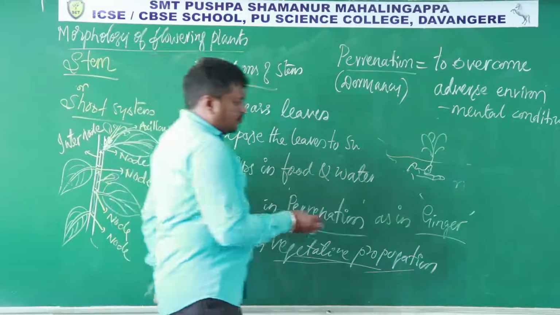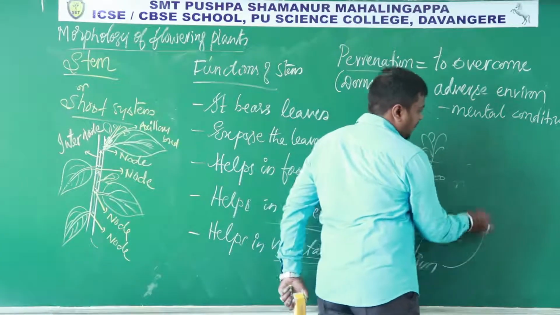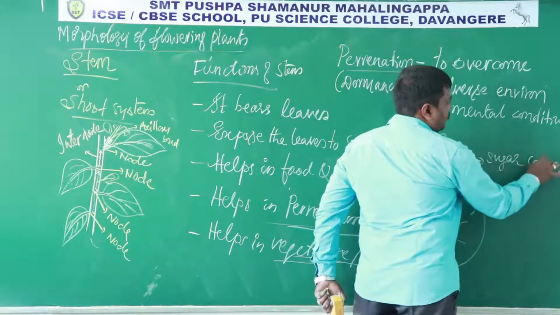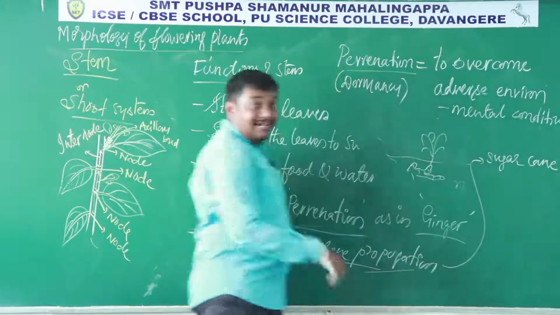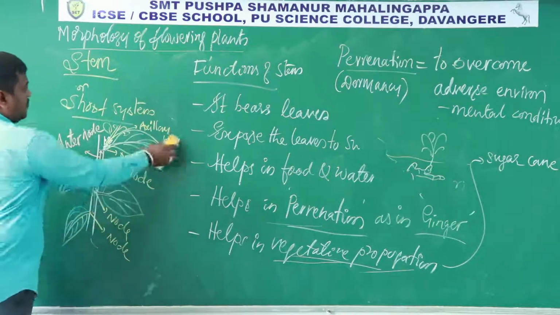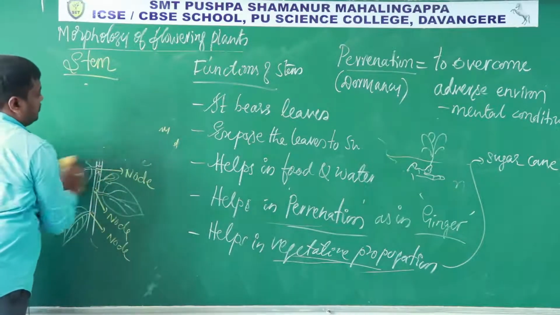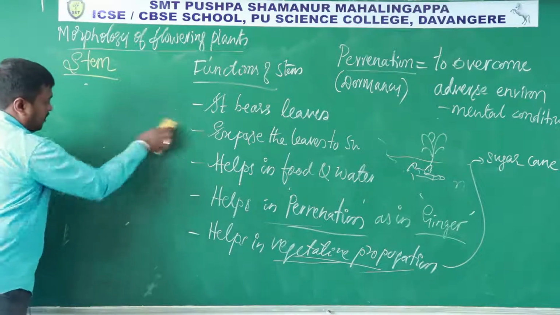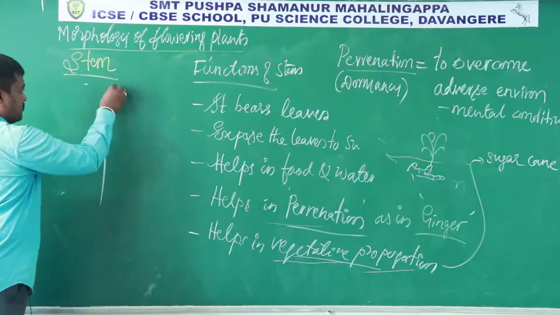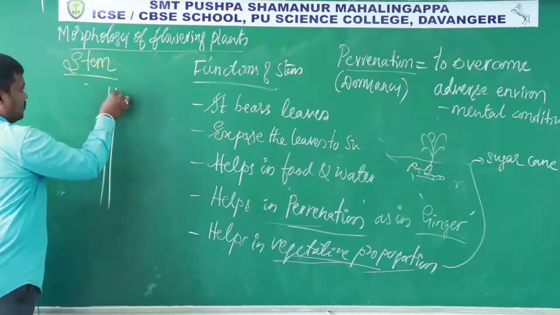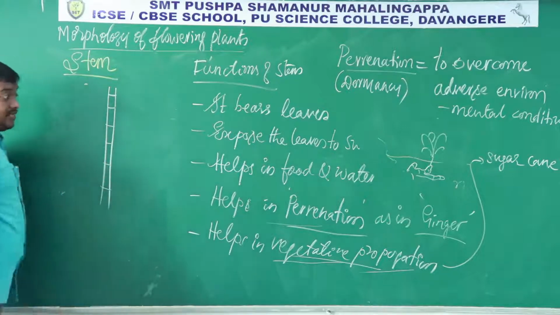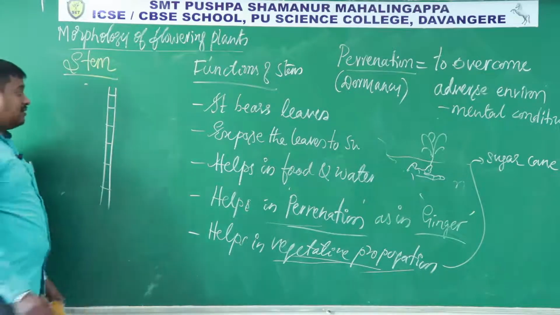Okay, so if you know some plants like sugar cane, sugar cane is cultivated. How do they produce new sugar cane plants? Since it belongs to the monocots, sugar cane has nodes and internodes. Of course, not all plants can be used as vegetative propagule material.